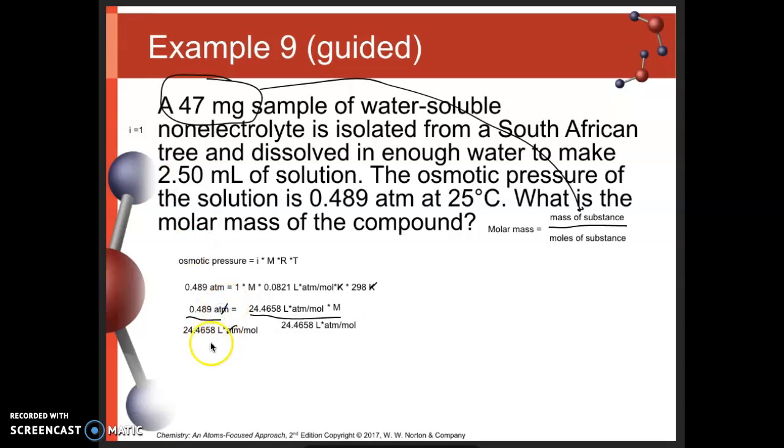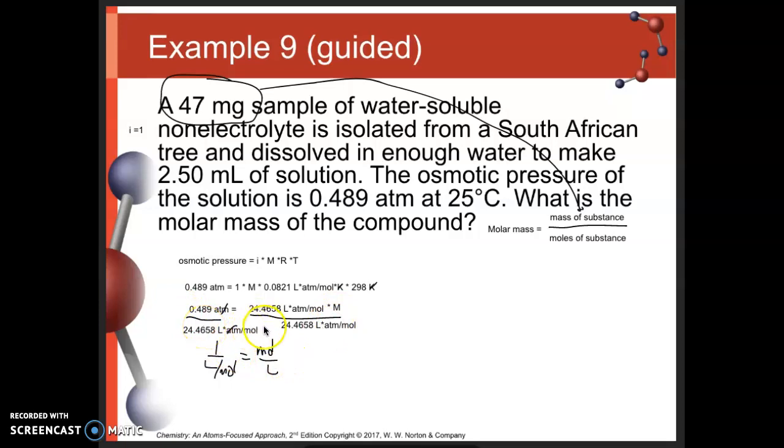I'll be left with 1 over liters per mole, which, if you remember from your algebra classes, would end up becoming moles over liters, which is molarity.